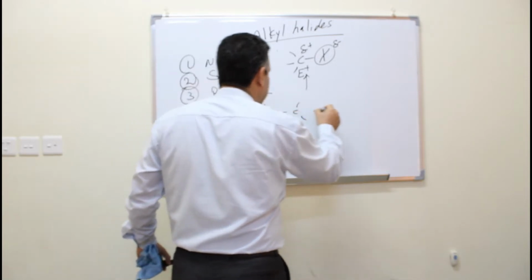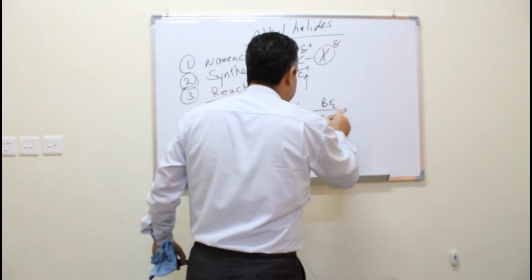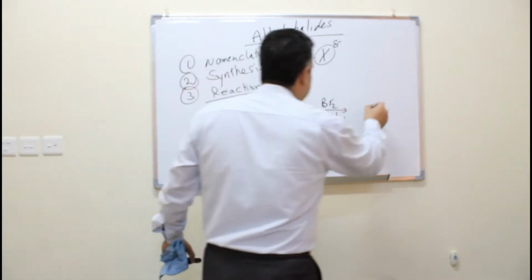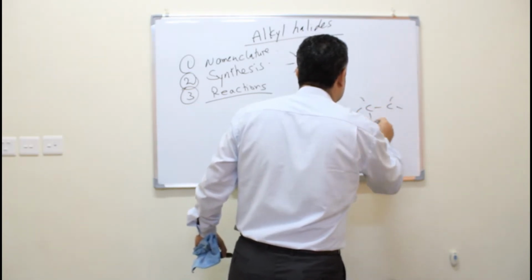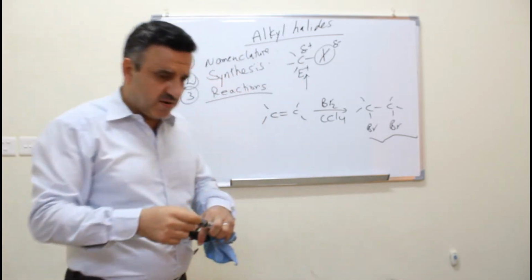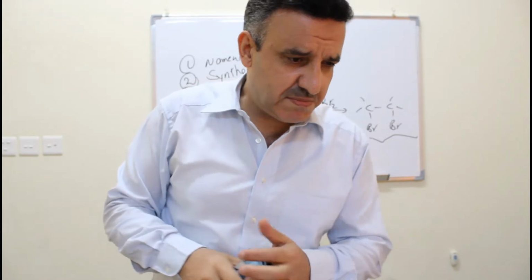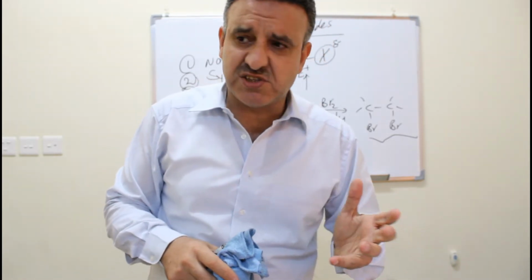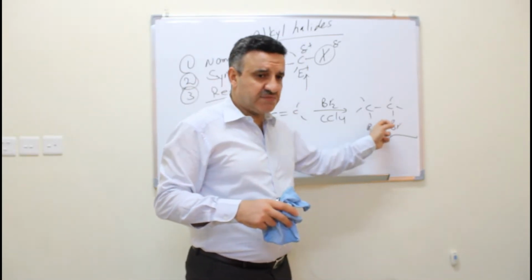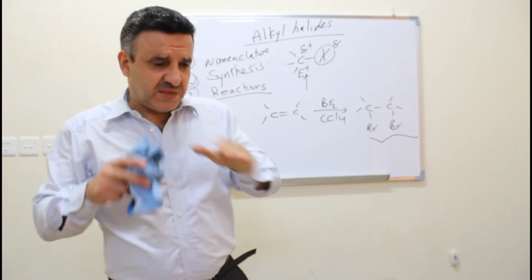It's simply by addition or halogenation reaction to alkene. So whenever we have an alkene, we're allowed to react it with, for example, a halogen like bromine in the presence of the solvent CCl4, then the two halogens will add themselves to the two carbons, and thus we'll have a dihaloalkane. Here we also have to remember the stereochemical aspect of this reaction, which means that the two halogens should add themselves to the two carbons in anti manner.